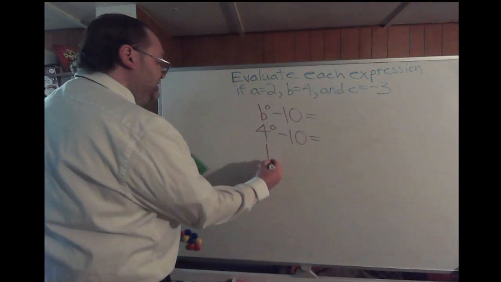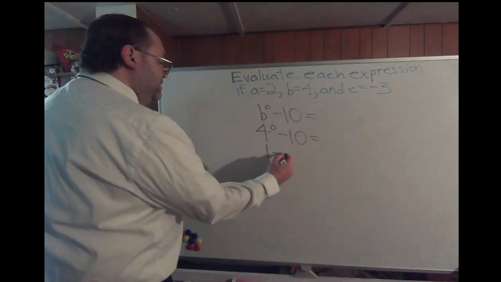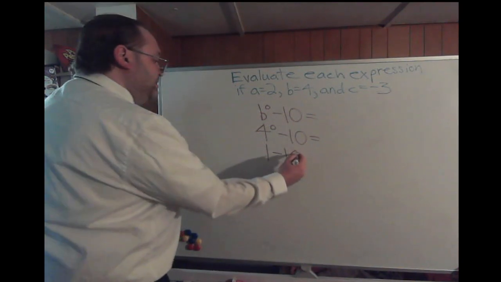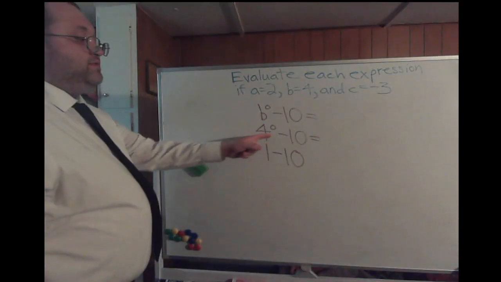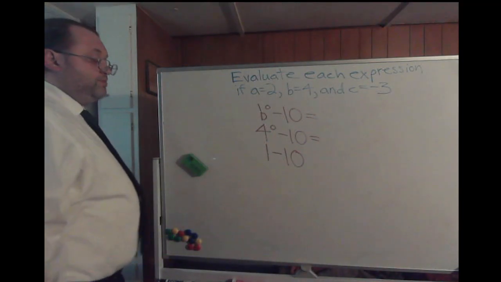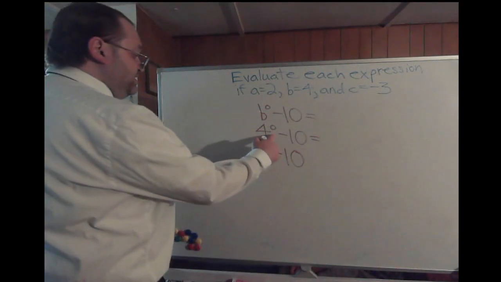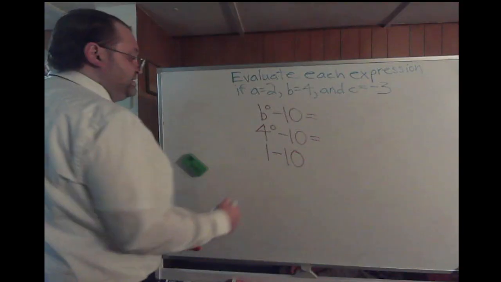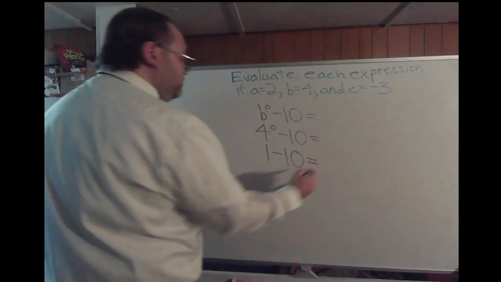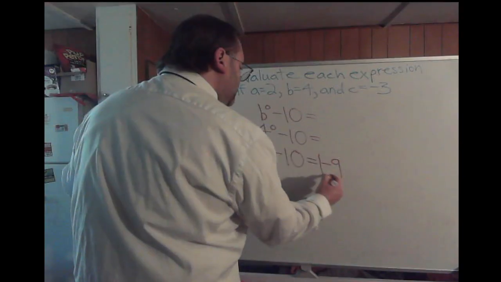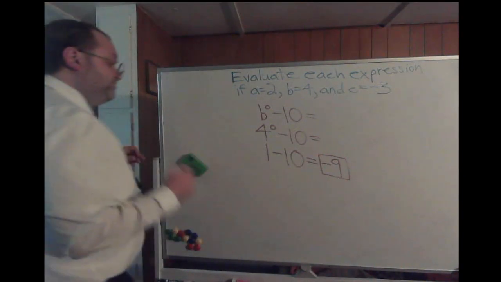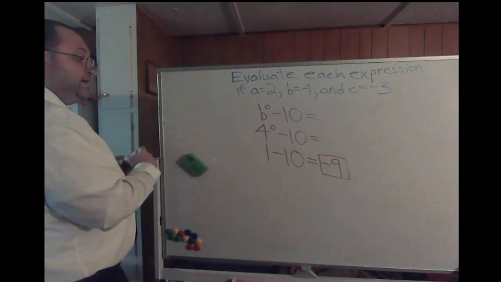So 4 to the 0 is 1. I should specify we did the exponent first because that's the proper order of operations. So 4 to the 0 is 1, then you just have minus 10. So you'll have 1 minus 10, which we know is -9. So the answer to this would be -9.